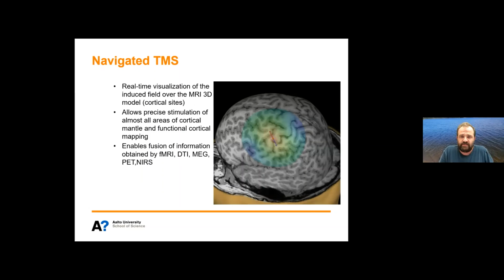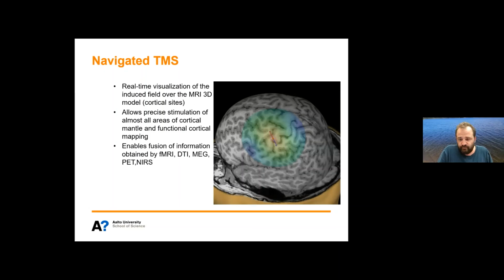We need to know where we stimulate. We need to know what kind of responses we evoke based on where we are. We need to reproduce the results, which navigation allows us.